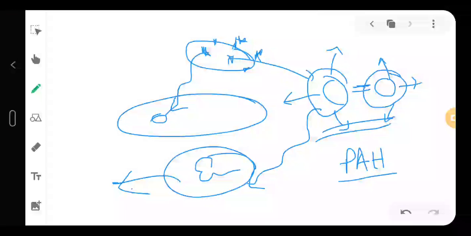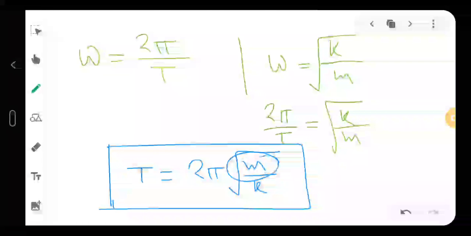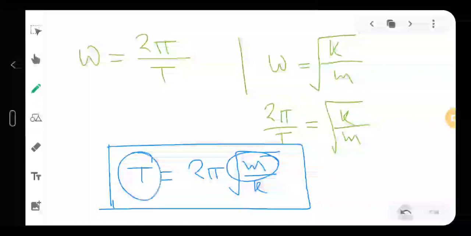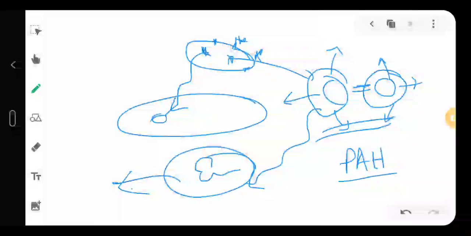Are they really carbon monoxide or something else? Because mass plays an important role in our time period even. It is not that easy, but I'm just giving you one brief application of where we use these things.